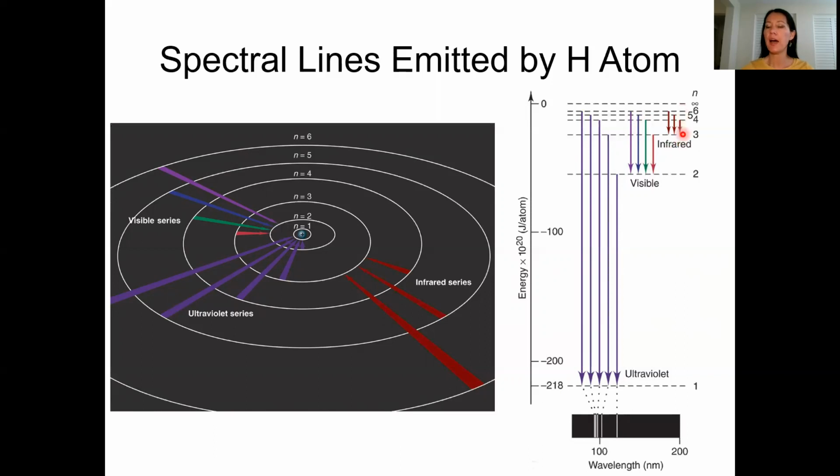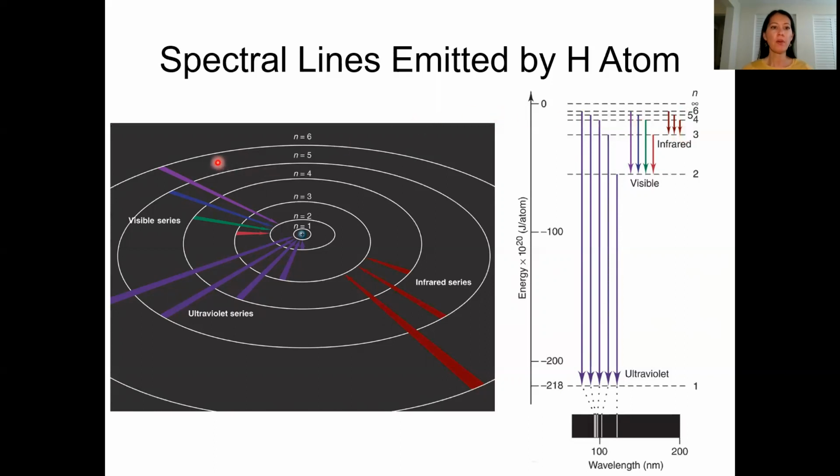Going to level 3, releasing back down to n equals 3, that's seen in the infrared region. So just again, when you see light emitted, that's when you go from a higher to a lower state. Energy is released. However, if you go from lower to higher, that requires energy, because you're ripping the electron away from the positively charged nucleus.